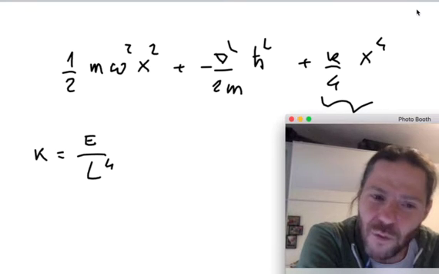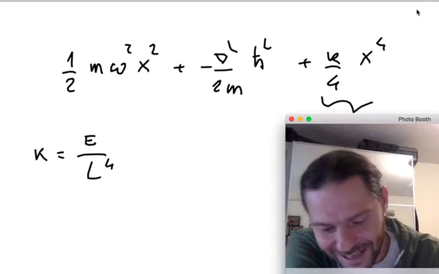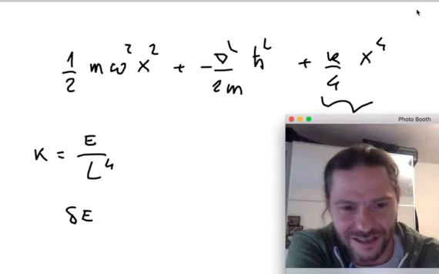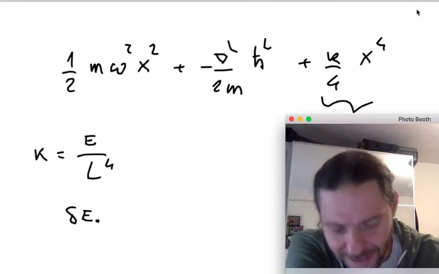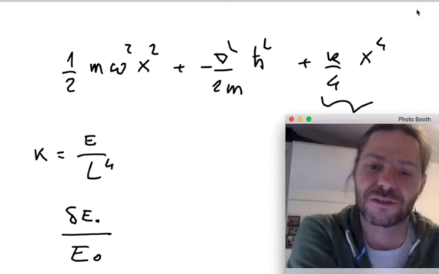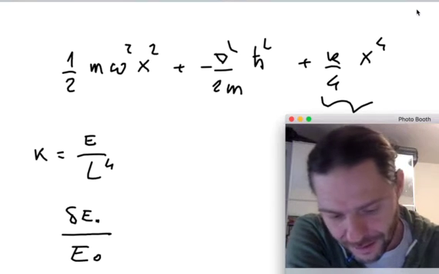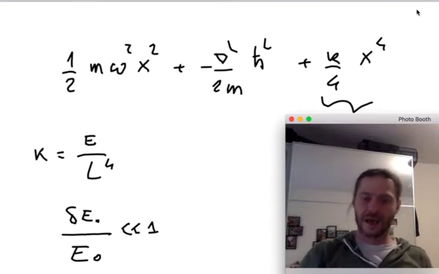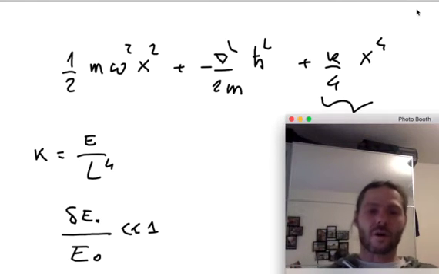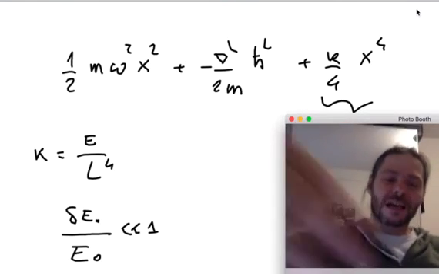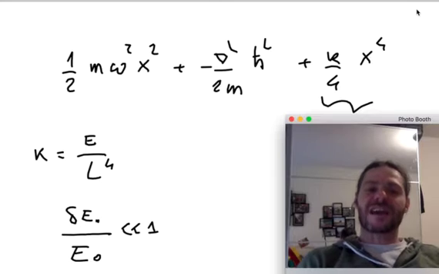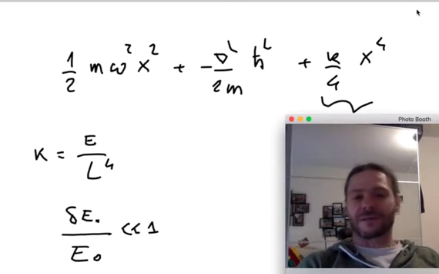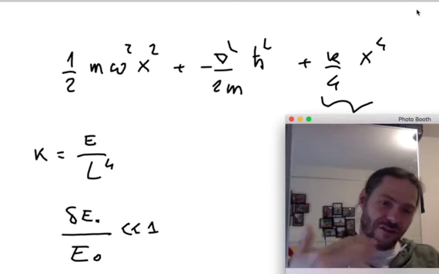So what you really want to say is that the correction to the energy divided by the unperturbed value, this is a dimensionless parameter, and it's smaller than 1, for instance. So perturbation theory really works not when the coupling constant per se is small, but when the effect of the coupling is small, which is something you evaluate a posteriori.